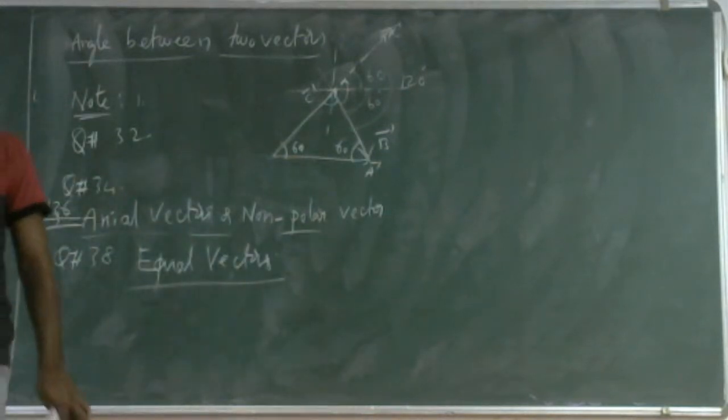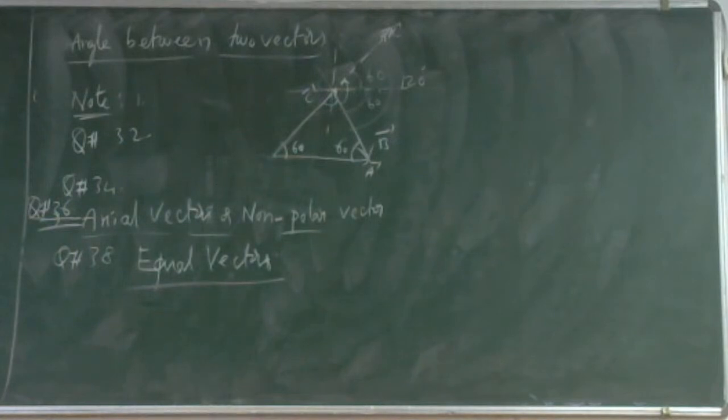Write down: the vectors having the same magnitude and same direction and representing the same physical quantity are called equal vectors. Right? Next, question number 40.